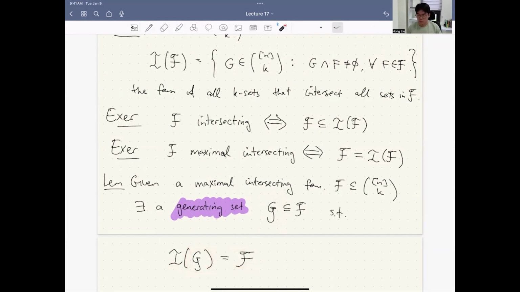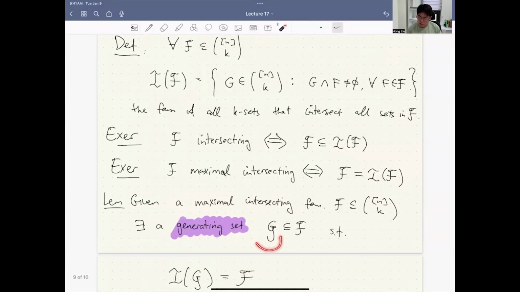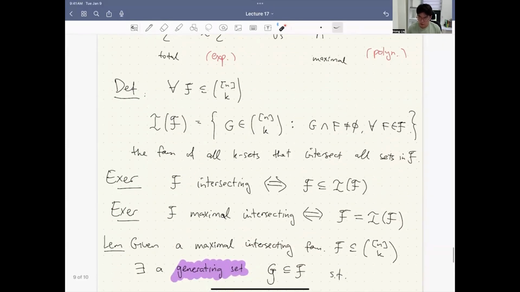So let's first show that this definition of generating sets is well defined. That indeed, you can find something that's in here. All right. I forgot a basic observation here. There's another observation I want to write: if you take a smaller family, this I(F) becomes bigger, because if you have a smaller family, you have fewer constraints here, so you have more sets satisfying it.